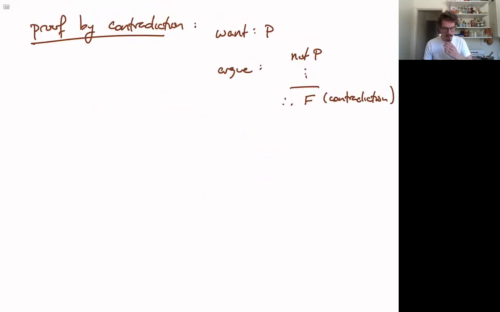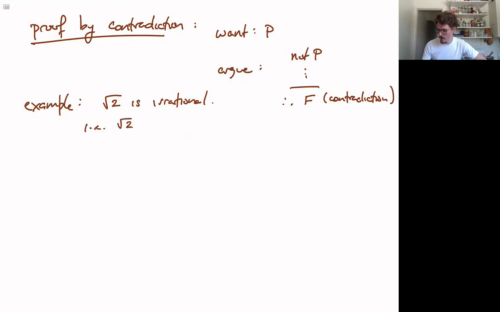So let's see an example of this. We want to prove that the square root of 2 is irrational. Just to review, a rational number is a fraction of 2 integers.